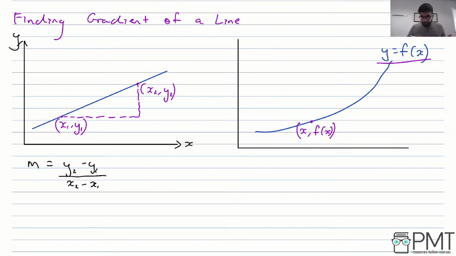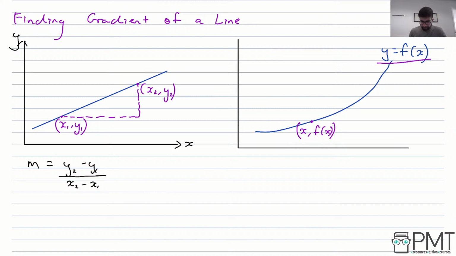So we want to find the gradient at any point here, and Ryan, you are suggesting use a tangent. Well done. That's what we are going to do. Using a tangent is one way of finding the gradient. Let's draw a tangent.